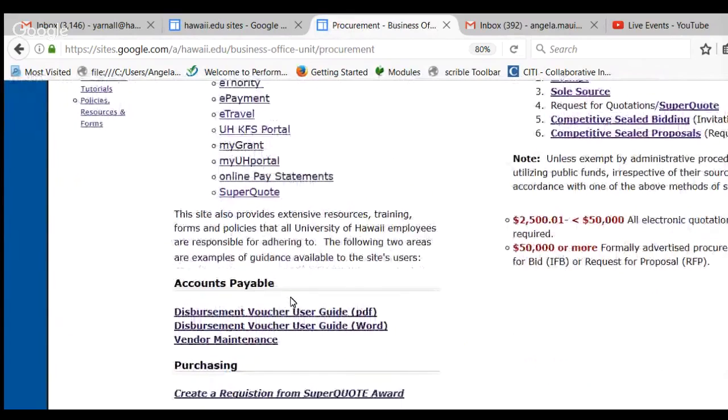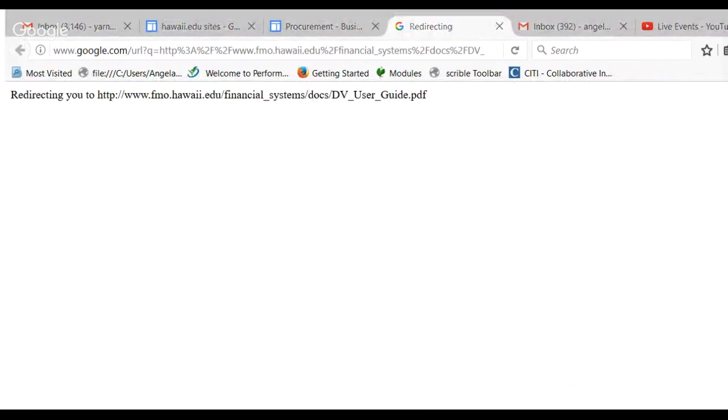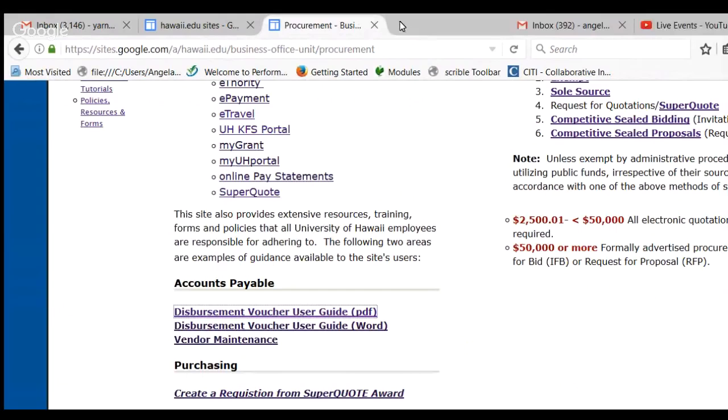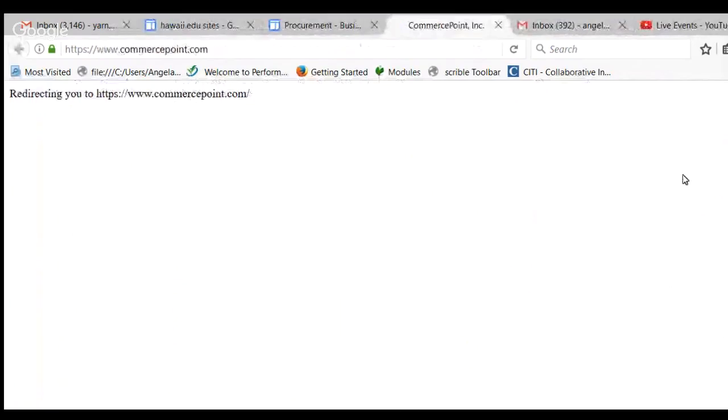Oh, this is... Oh, it just goes to the forms. How to do stuff. Do you do DBs?